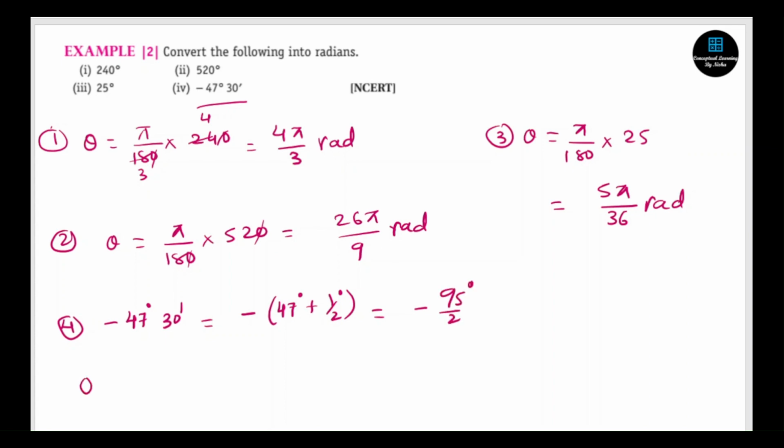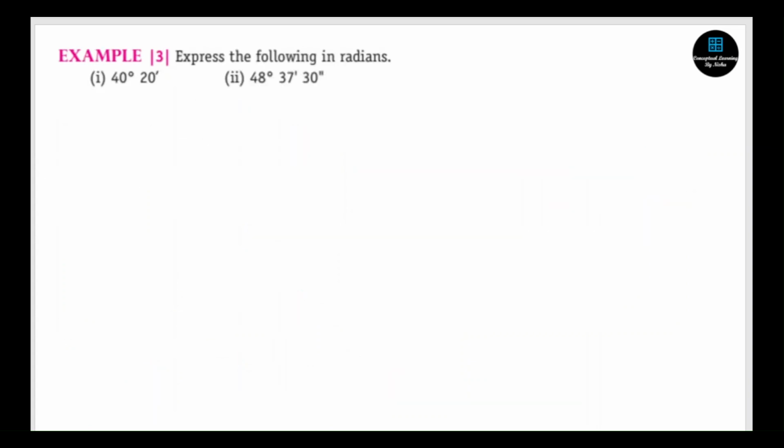Now I can write theta equals pi over 180 times minus 95 over 2. This gives me the answer in negative: minus 19 pi by 72 radian. So negative angle means it is clockwise direction. All right. Easy. Now let's learn this type of question.